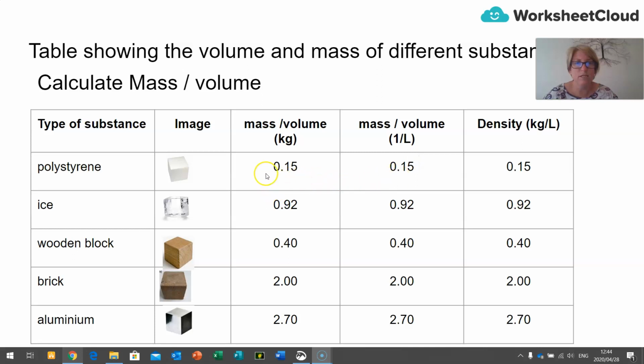So if you have a look at these values, and then you can search the internet and type in what is the density of polystyrene or what is the density of ice, and we go to a density table and have a look at it, what do you notice? So when we take mass divided by volume, it gives us the exact same answer as what the density is of that substance.